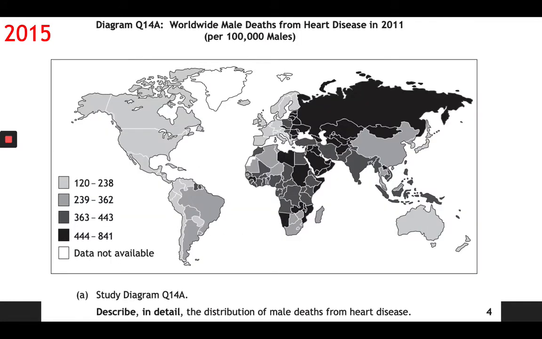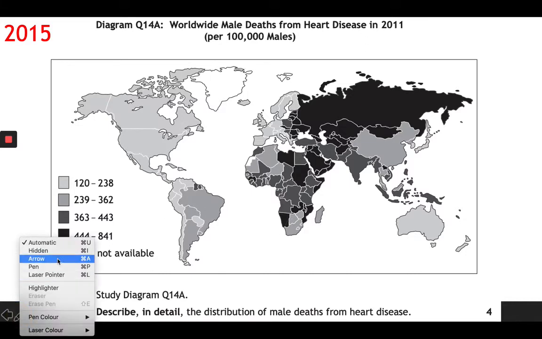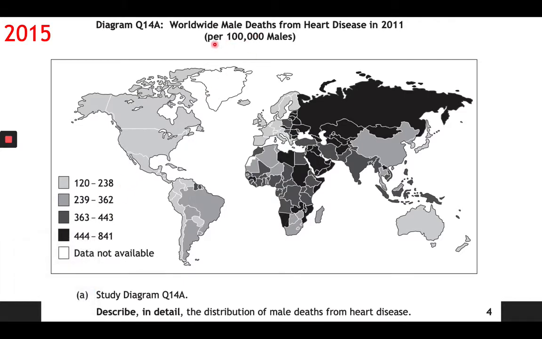So this is the one from 2015, and this is actually very apt for us right now. So it's worldwide male deaths from heart disease in 2011, and it's per 100,000 males. Now, if we look at this, what this means is we need to use this section up here, per 100,000 males.